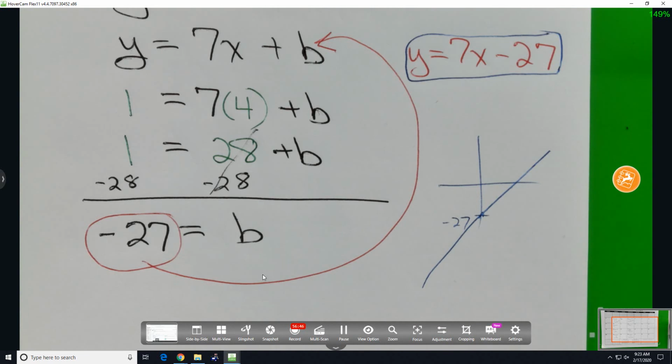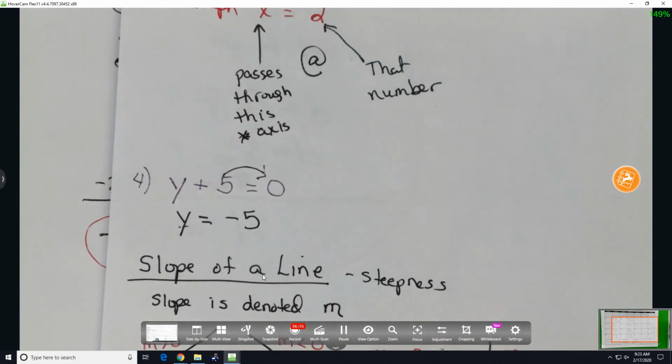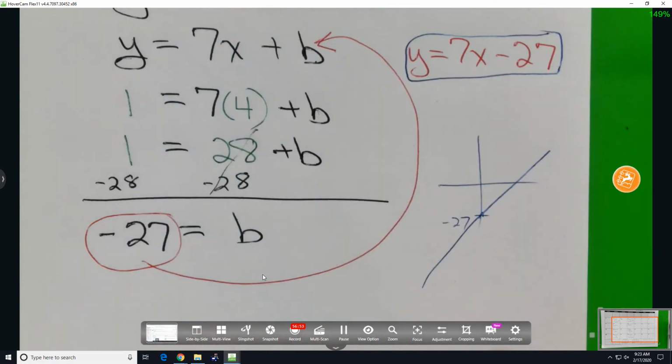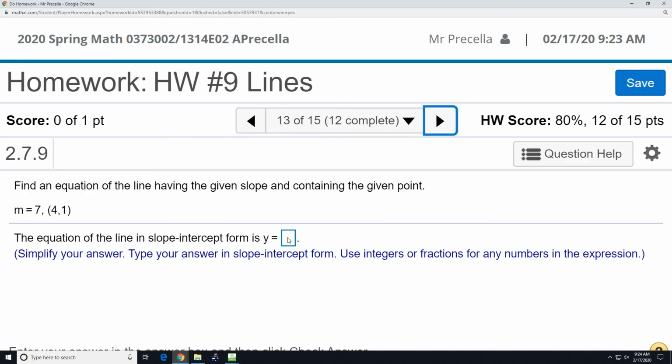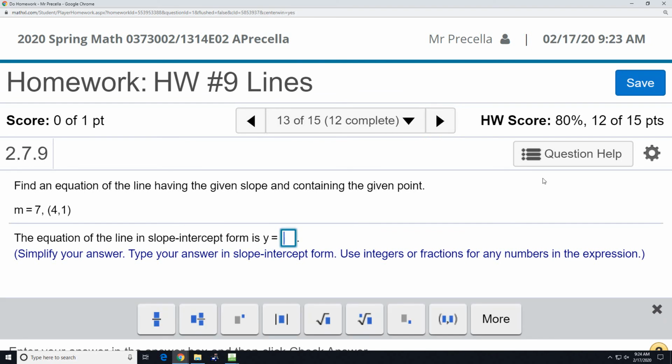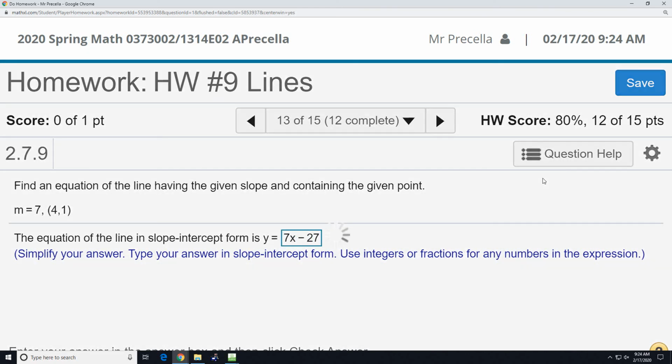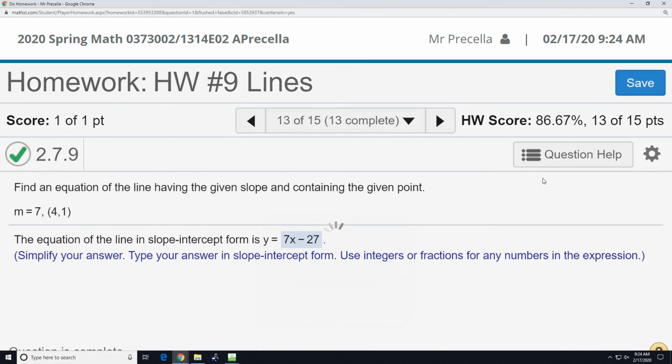The slope is positive, so it's slanting like that, passing through negative 27. That was a good question to ask, Tim. Let me type that in: y equals 7x minus 27.